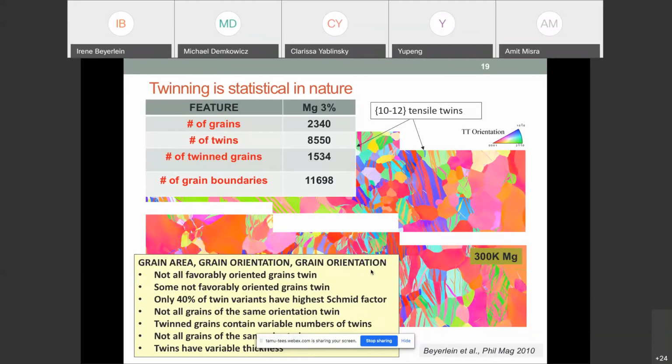Similarly with twinning, where in the material and at what time a twin will happen is not deterministic. It's not easy to define when and where a twin will occur. And so this gives it more of a statistical nature, and where and when it occurs is in a very small area and has a very low probability. So now, while this may look like a lot of twinning, it's not.